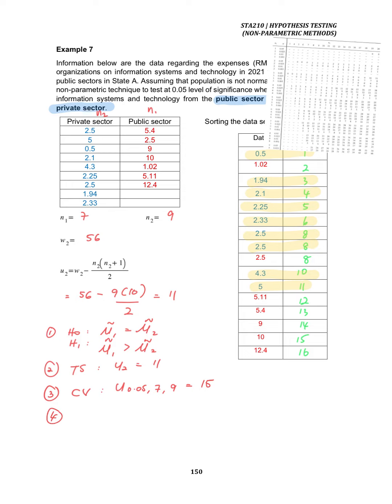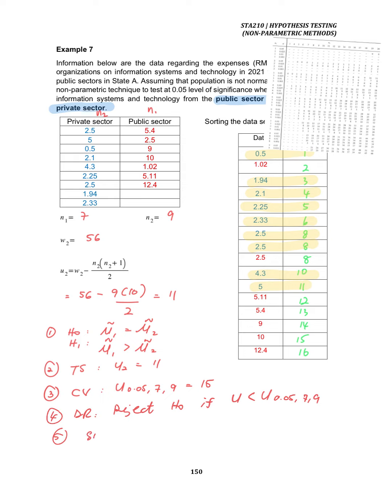Step number 4, dia punya decision rule. Reject H0 if U less than U alpha, 7 dan 9.